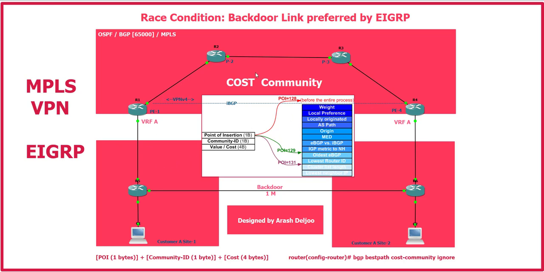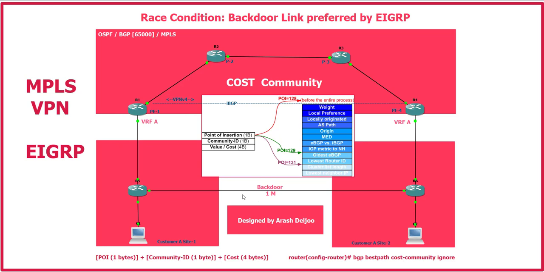If the MPLS layer 3 link fails, we can use the backdoor link, because the backdoor link has lower performance than the main MPLS layer 3 VPN link. For example, the bandwidth is less than the MPLS bandwidth, and the delay is maybe more than the delay of the MPLS link. Because of that, we need to use the backdoor link as the secondary, backup link, not the primary.